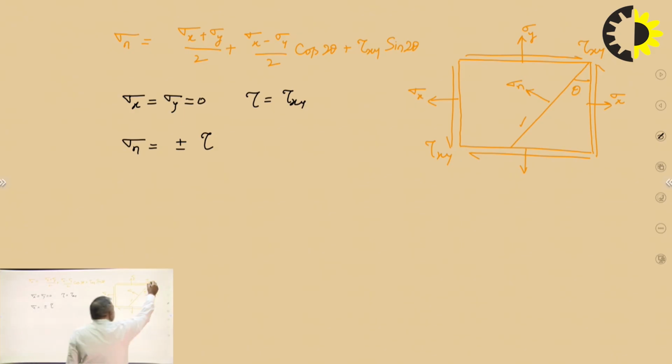For simplicity, I consider tau xy equal to tau. If it is plus, it is considered a tensile stress. If it is negative, we consider it a compressive stress.